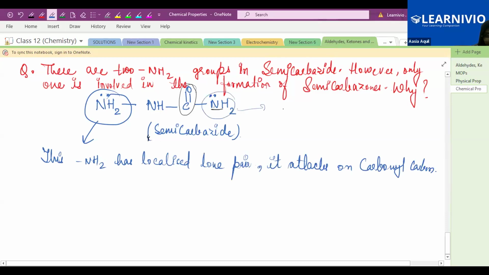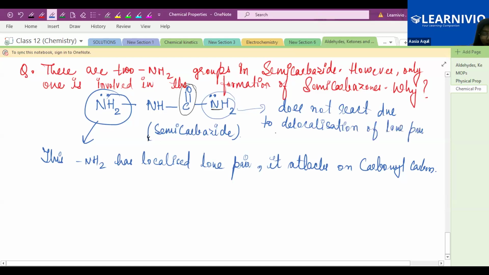This nitrogen does not react. Why? Due to the delocalization of the lone pair, due to resonance. Okay, so that's the reason. And in your exam you can elaborate more, if it carries more than 1 mark. So that is the reason for that.